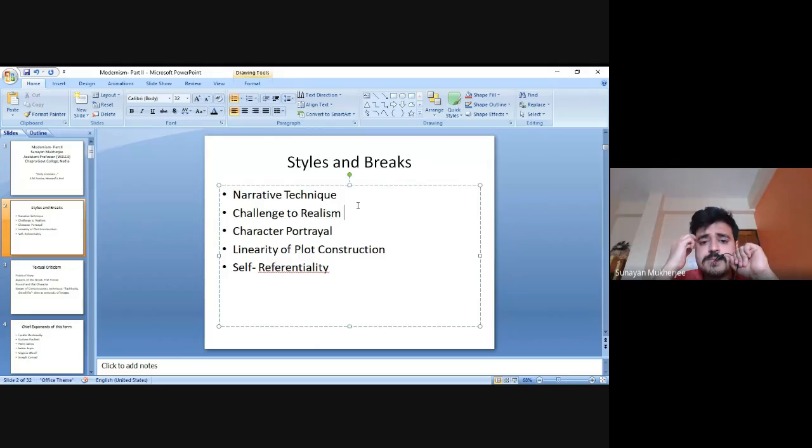Okay, and the continuous self-referentiality, this is what I have said is a term. Self-referentiality is sort of, whenever you are reading a work, you would understand that the work, the text, speaks to itself. Okay, very difficult to understand.